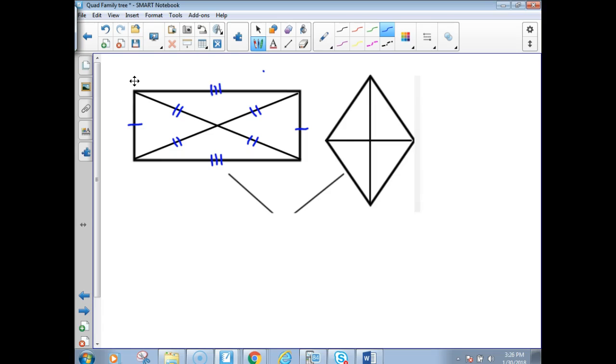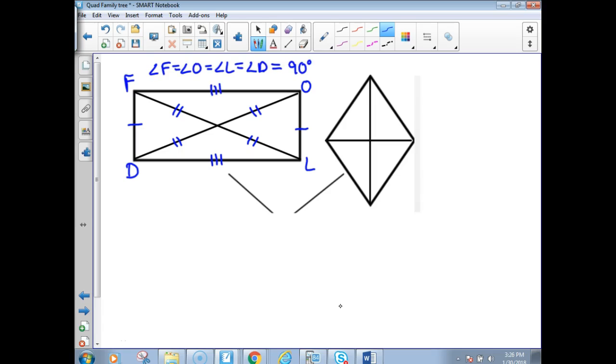Let's call this one FOLD. I don't know why I'm picking 4-letter words. Anyway, FOLD. What we know about all the angles, and I'm going to be technically incorrect because I should use 3 letters to name these, but angle F, every corner. Angle F equals angle O, which equals angle L, which equals angle D, and they all equal 90.